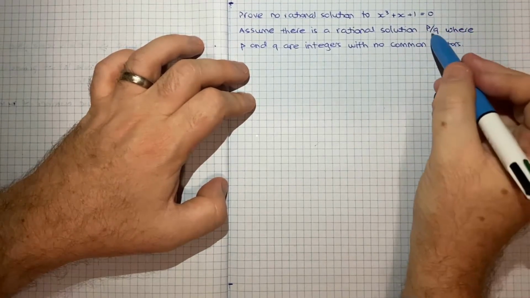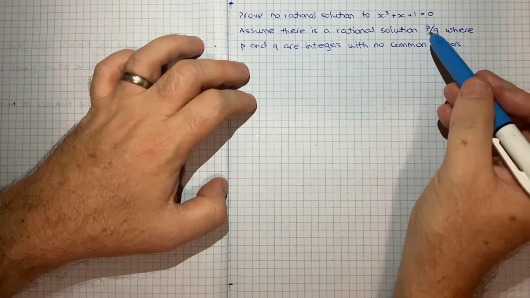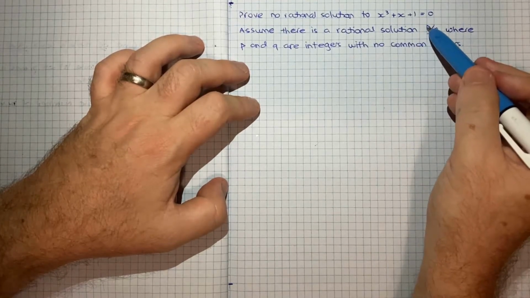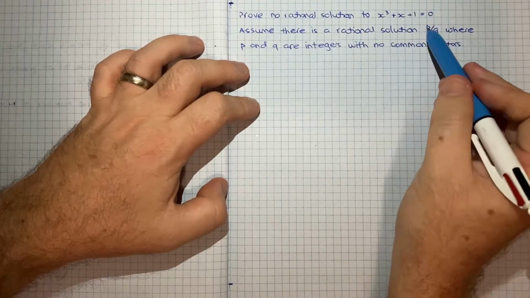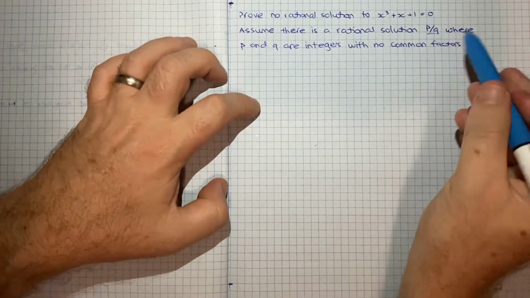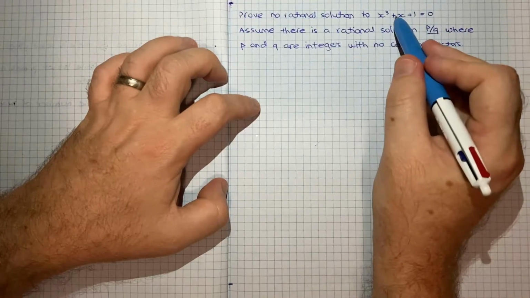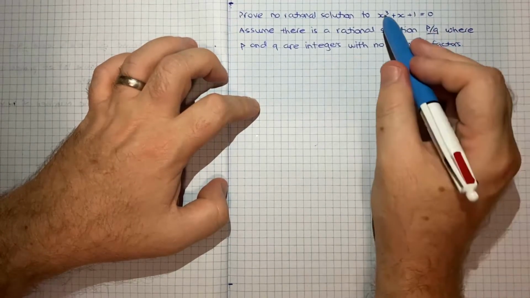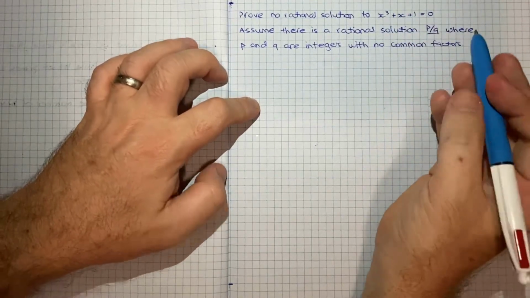So that is a way we can think about writing a rational number. It can be expressed in the form one integer divided by another, where those two integers have no common factors. Alright, so if that is a solution to this equation, then we should be able to substitute that in and it still hold true.